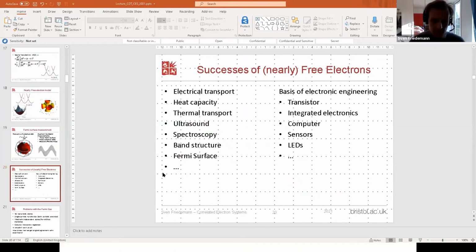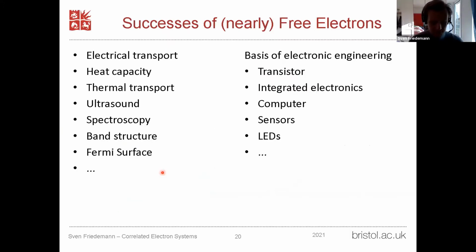Okay, let me wrap up this first lecture. We've gone from Drude to nearly free electron theory. It's good at explaining electrical transport. It's good at explaining heat capacity and thermal transport, and it gives us a band structure picture which can also explain the Hall coefficient.